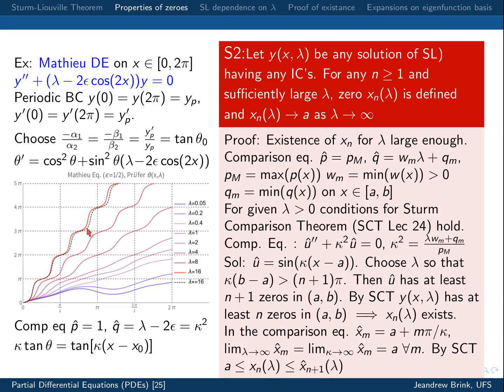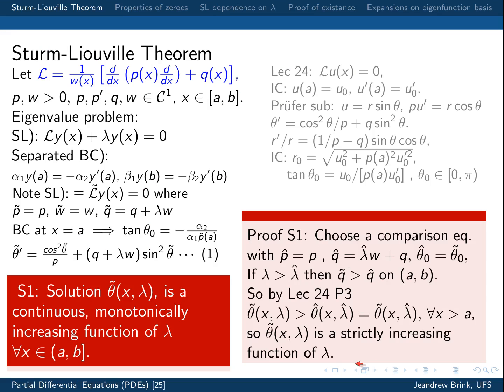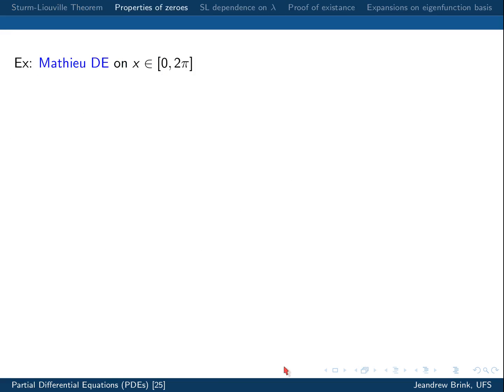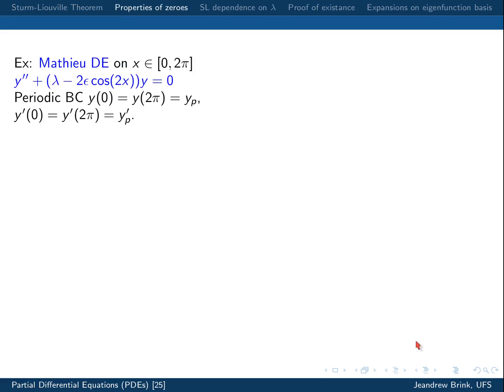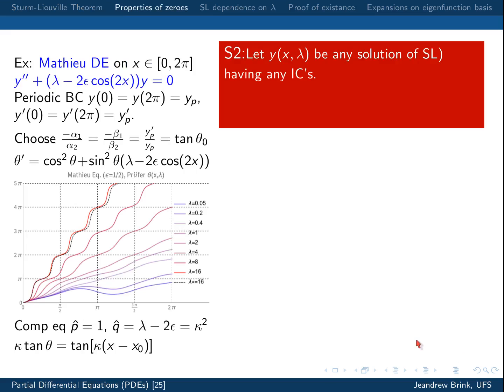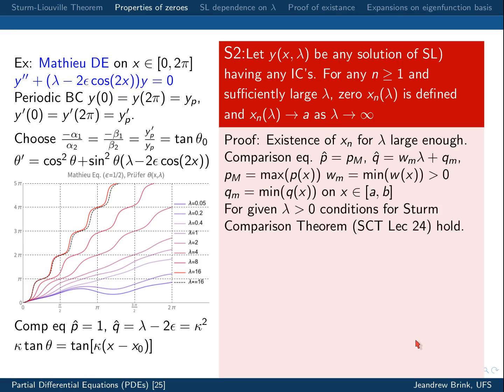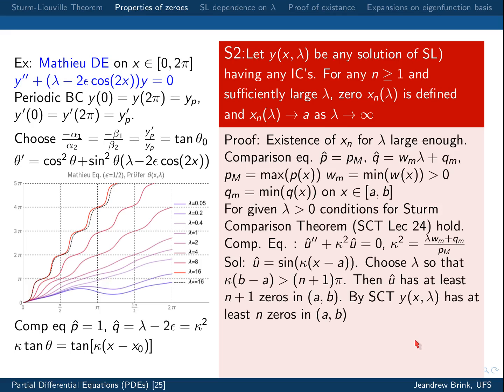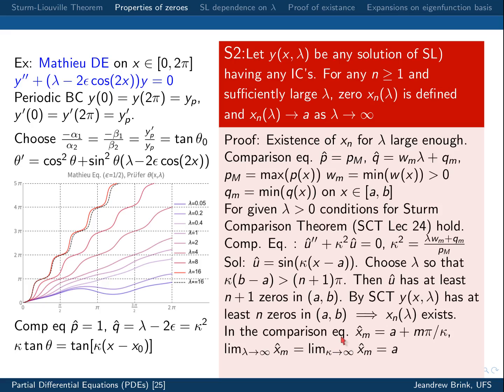In other words, this dotted function is always below the actual solution, and this is enough to show basically that the eigenvalue there goes to 0.